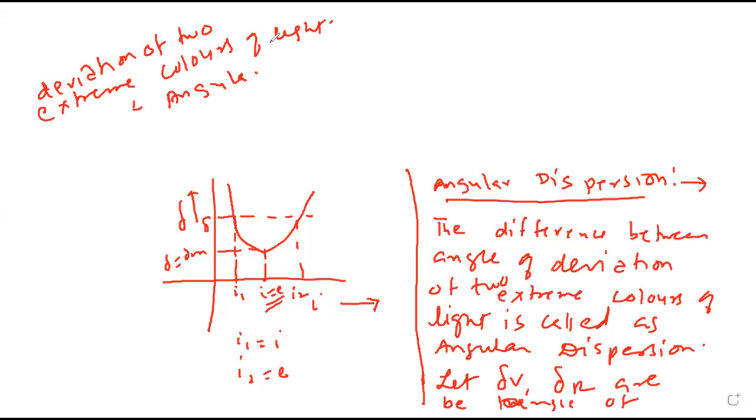Therefore, angular dispersion denoted by D is delta V minus delta R. So the difference between the angles of deviation of two colors of light is called angular dispersion, but generally it is taken between two extreme colors of light. Right definition, and then that formula.